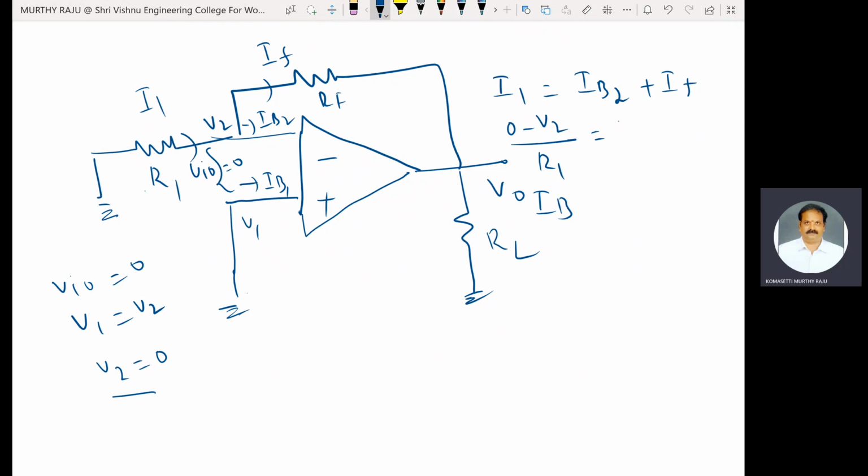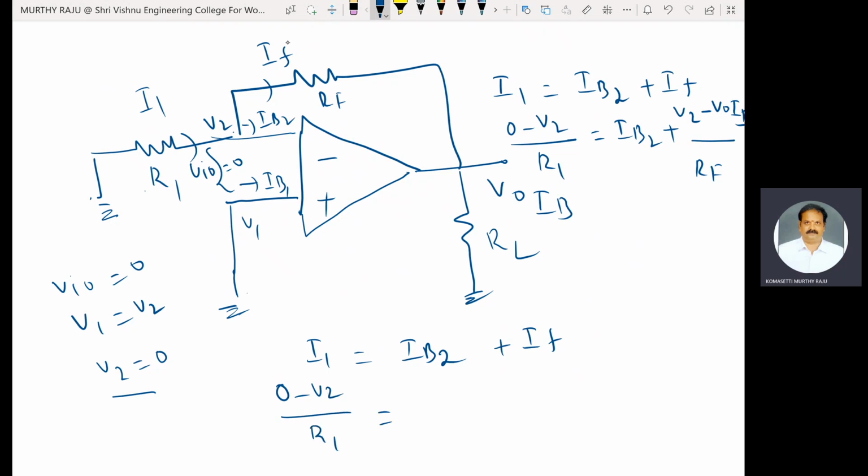I1 is equal to 0 minus V2 by R1, IB2 is the bias current, and IF is equal to V2 minus V0IB by RF.